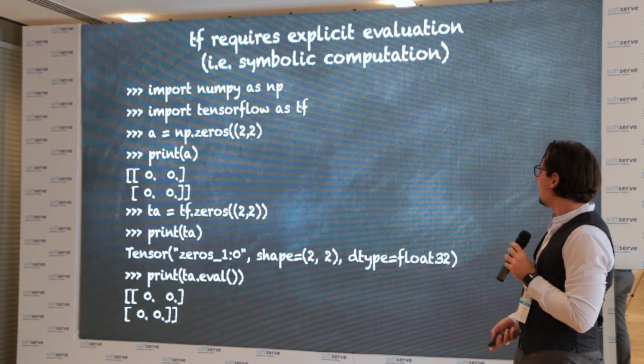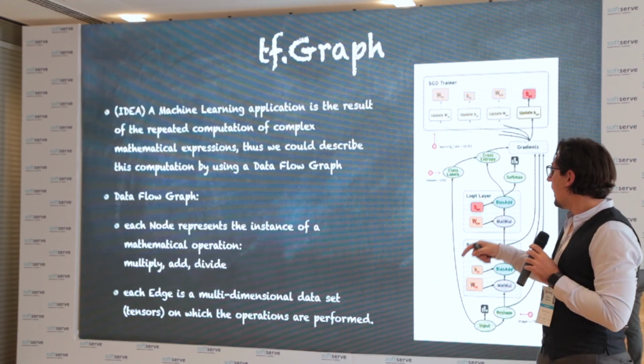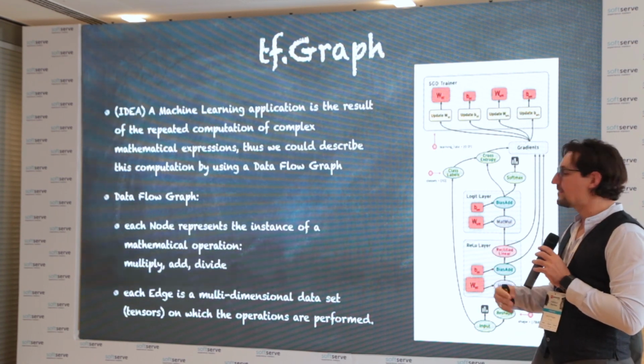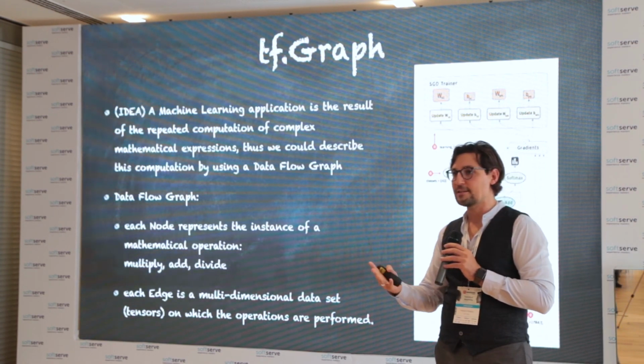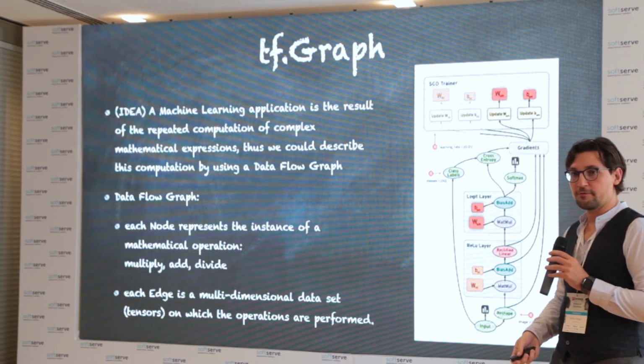This is because TensorFlow is based on this idea that a machine learning algorithm may be represented as a complex graph of operations. You have this graph which is called a data flow graph. In this graph, each node represents an operation, so a matrix addition, matrix multiplication, whatever you want. And each edge is a multidimensional data set represented as a tensor, on which these operations are performed.